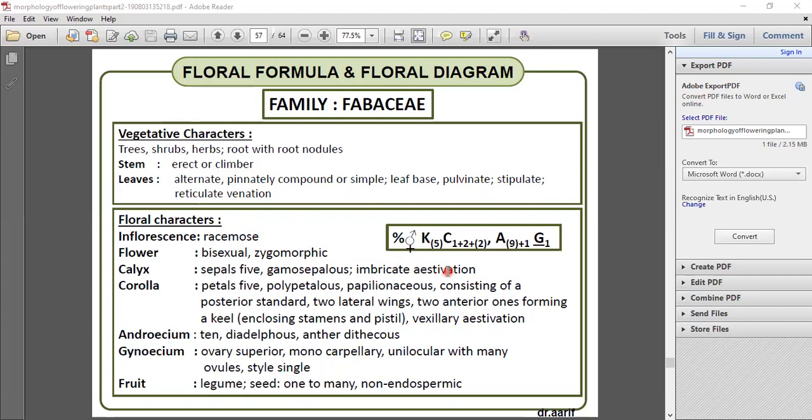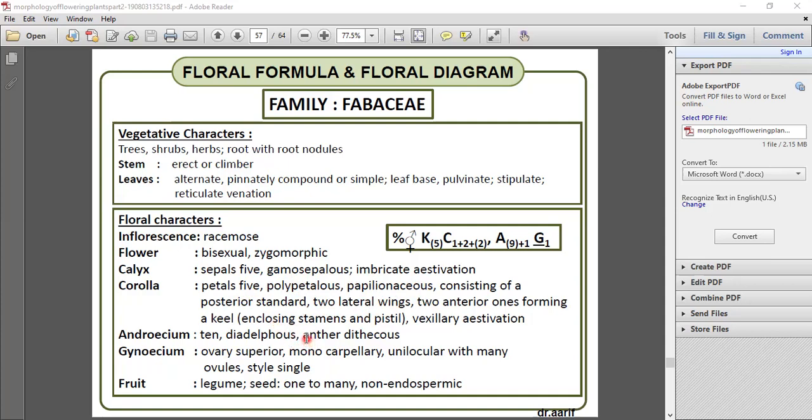It's not valvate, beta, it is imbricate. Corolla petals 5, polypetalous. It is papilionaceous. Why? Because one petal is big and it has one standard, two lateral wings, and a keel.